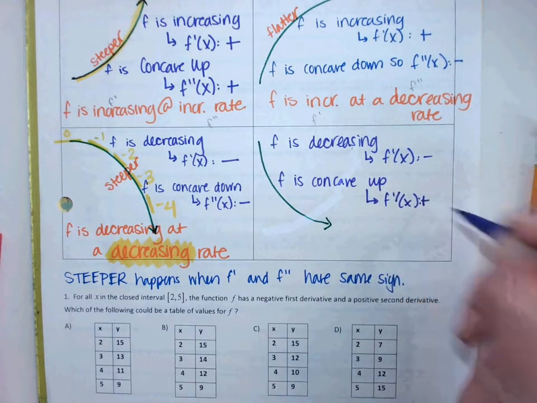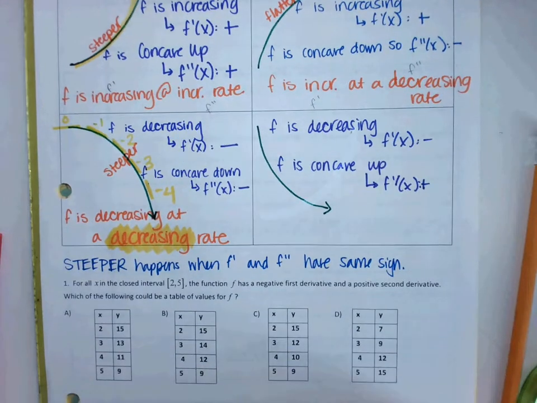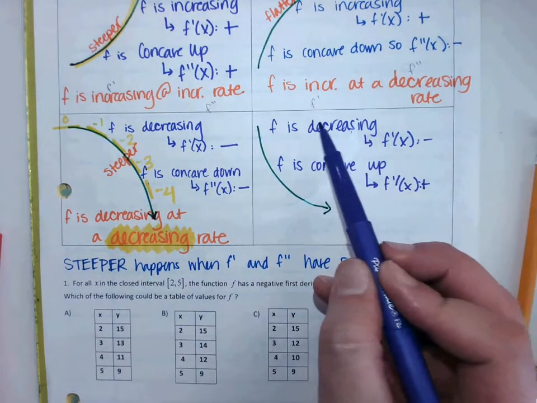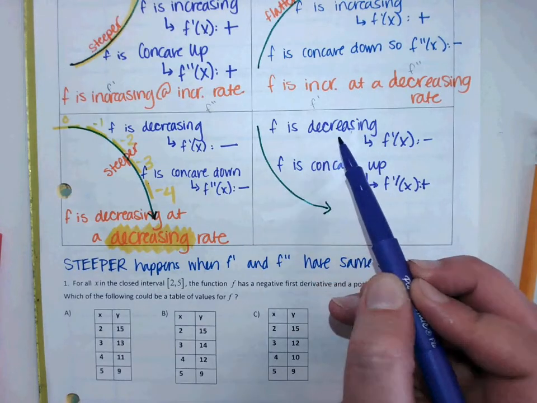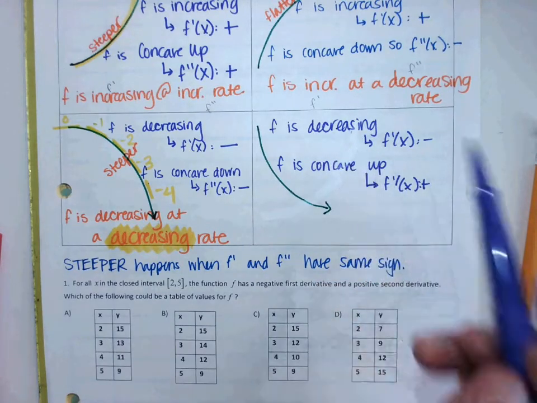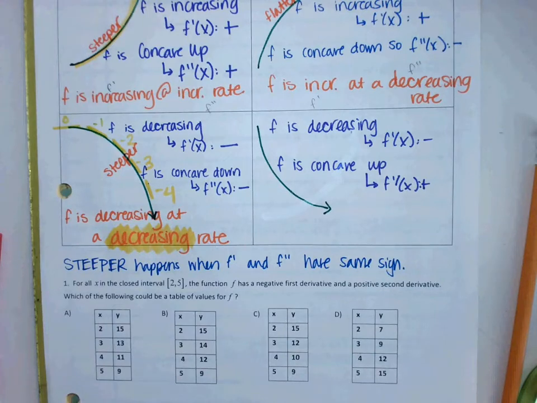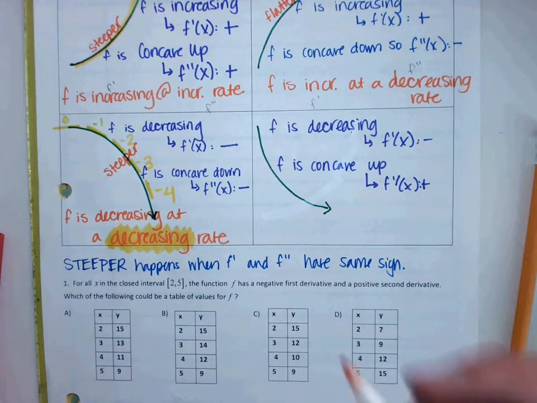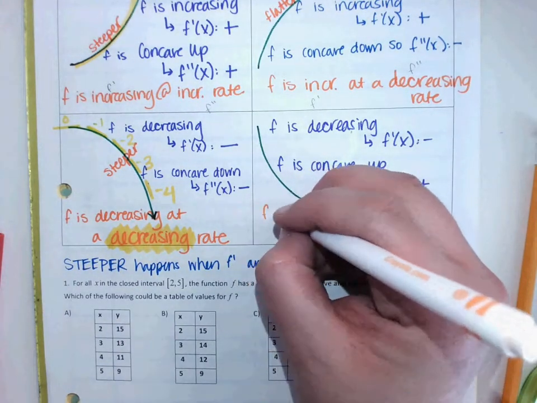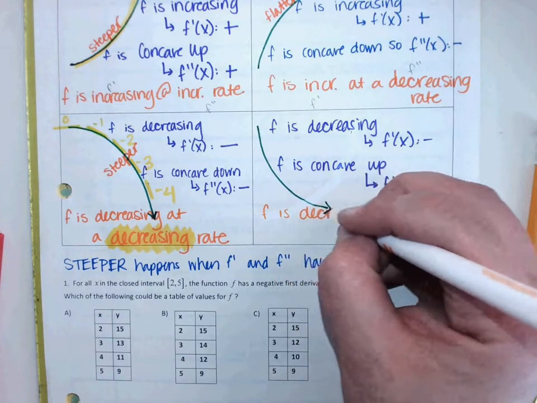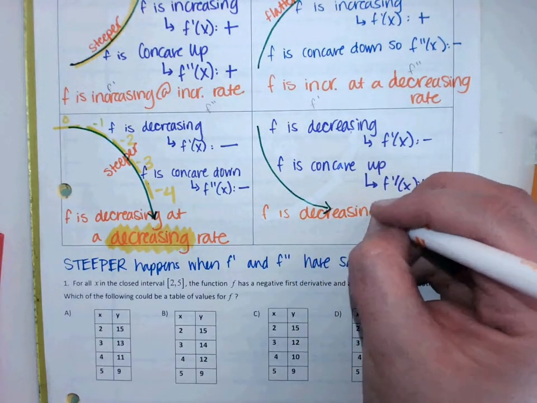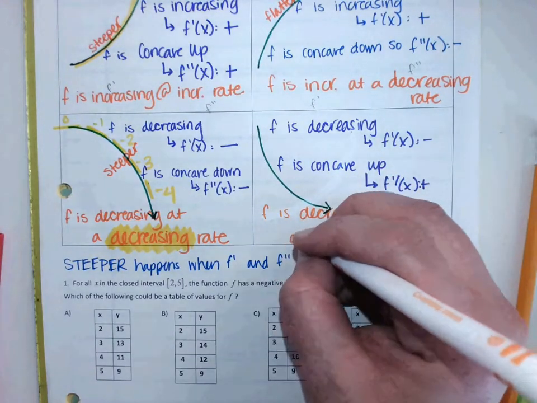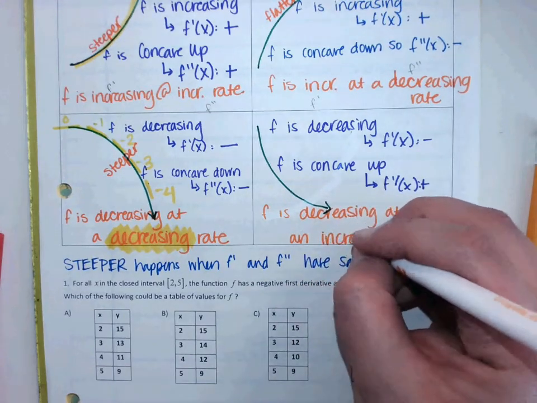It's positive. Okay, but when I write my finale statement, I would say F is decreasing, but at what kind of rate? An increasing rate, and that is backwards to what a lot of you would maybe think. So F is decreasing at an increasing rate.